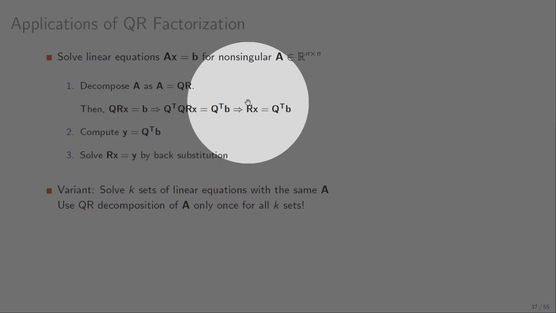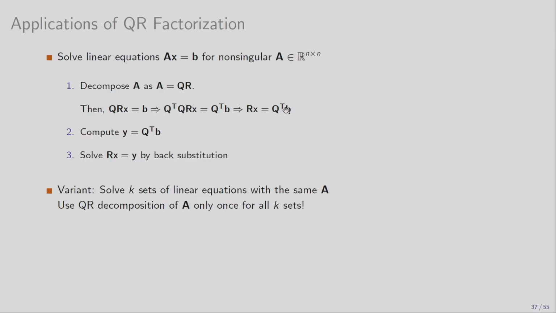So you get Rx equals Q transpose B. Now Q is large, but Q transpose B becomes small again, a vector of size n. And R is n by n, times x equals a vector of size n, right? So ideally, if we are able to compute Q transpose B and solve with R efficiently, we are able to solve such a problem without having to go over M, the number of records in the query result.